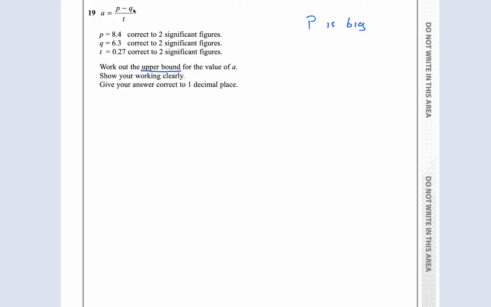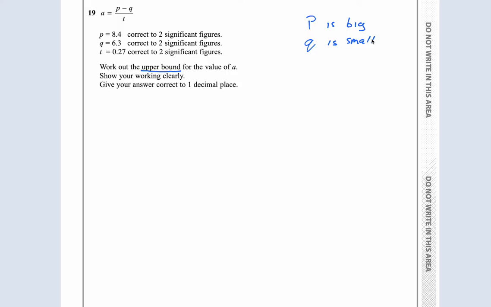I'm going to subtract Q. So think about it. If I'm going to subtract a number, I actually want that number to be small. If I said you want your bank account to be as big as possible, and I'm going to subtract some money, do you want me to subtract a big amount or a small amount?